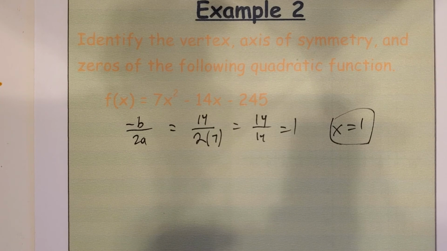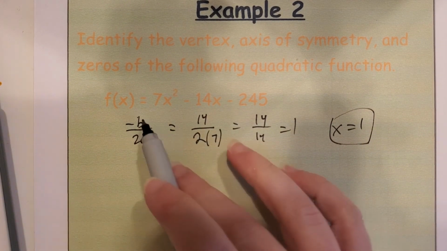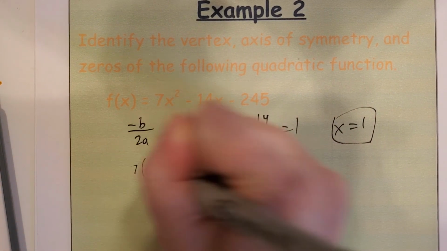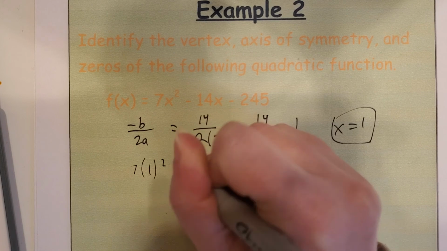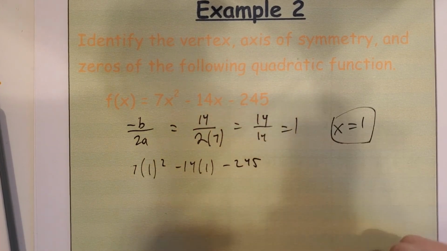Now for the vertex, again, the axis of symmetry is the x value of your vertex, so we're just going to take that value and plug it into the equation everywhere we see an x. So this is 7 times 1 squared minus 14 times 1 minus 245.